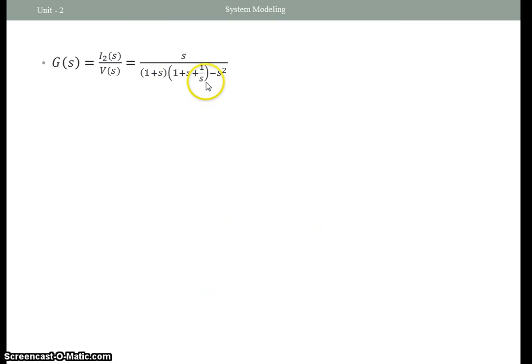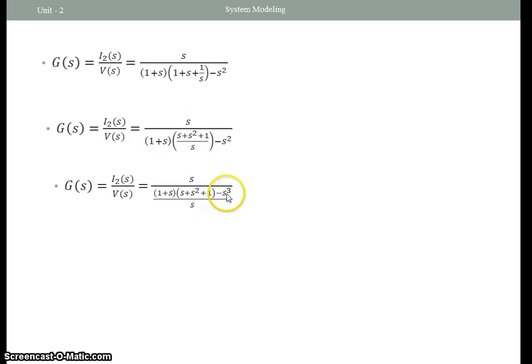So further, we can still simplify this. We see that this is a mixed fraction, so we can put this in a single fraction with the common denominator S. So we have this. Still, we can put all the denominator in a single fraction, and the common denominator is S. So we will have this as the simplified single fraction of the denominator, and the S here can now go up, which will make the numerator S squared.